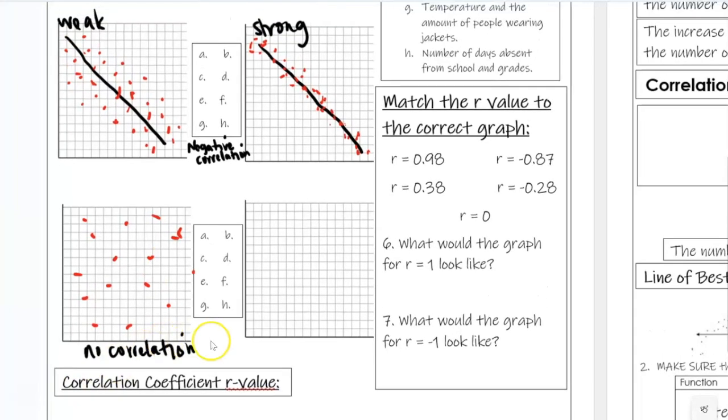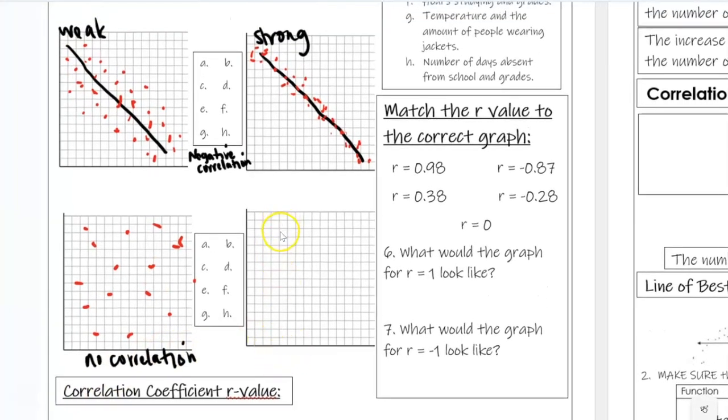All right, the last one that we're going to do is a perfect correlation. And what that means is now we can do a positive one or a negative one. Let's do a negative one. So this one's going to be a perfect negative correlation.